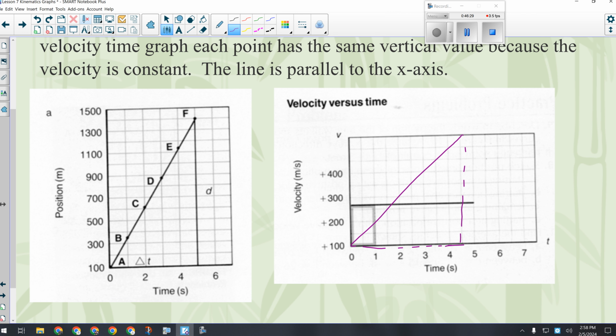How do I calculate the area of a triangle? Base times height divided by 2. Okay, what's on the base of my graph? Time. What's the height of my graph?